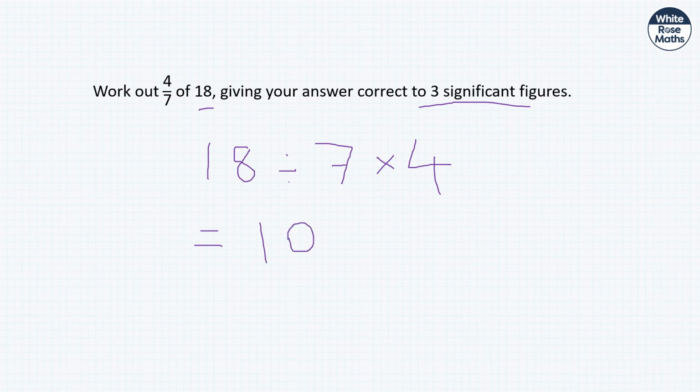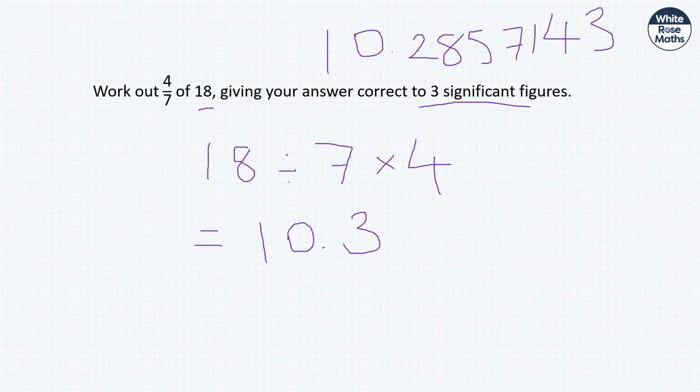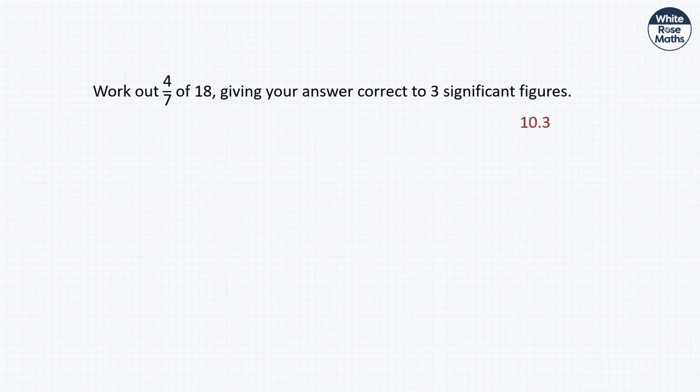That'll be 10.3, because writing it out on my calculator it's 10.2857143. That's my first figure, second significant figure, third one. So look at the number after. That's 5 or more, so I'm going to round this one up to a 3, which is 10.3.